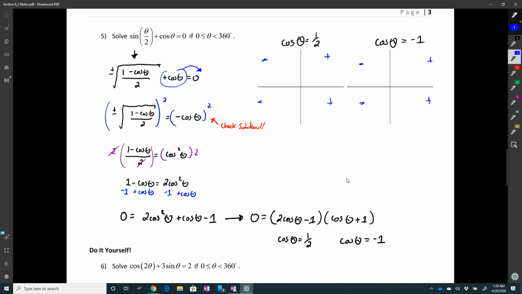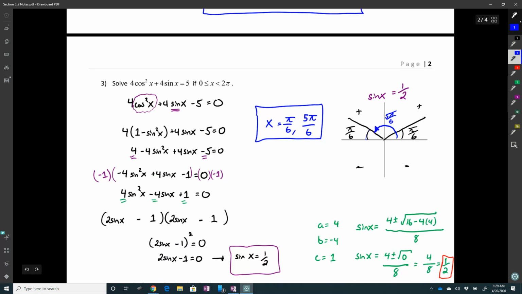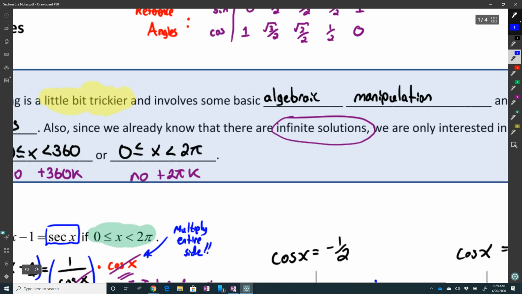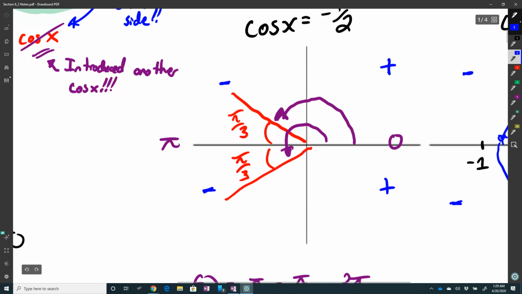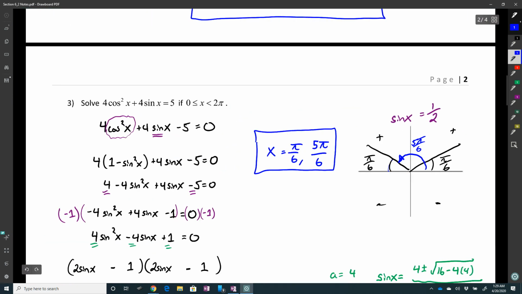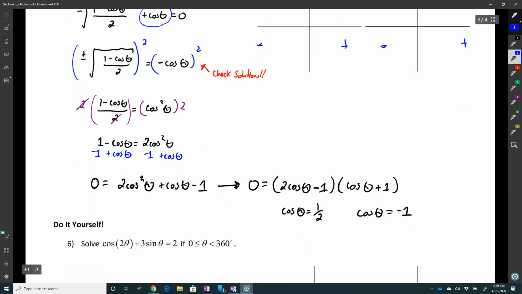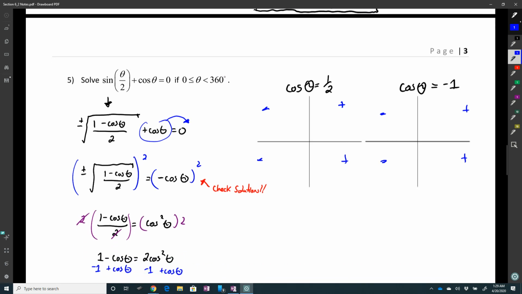So where is cosine equal to 1/2? Going way back to the beginning, because I already forgot. Cosine is 1/2 at pi over 3, or 60 degrees. Here we're in degrees, so 60 degrees.